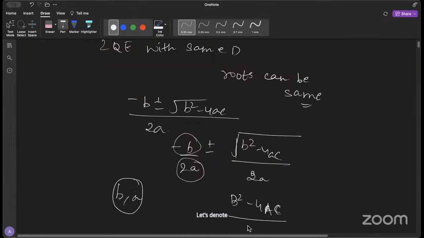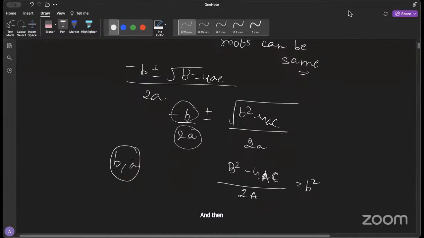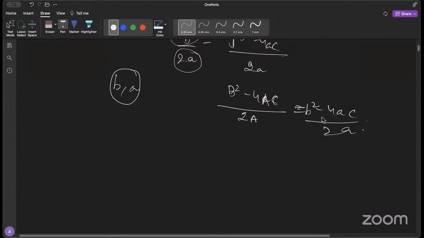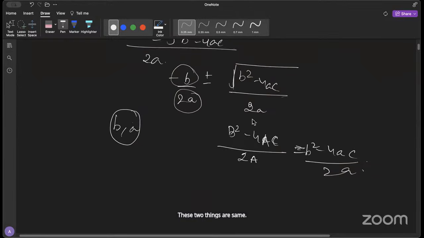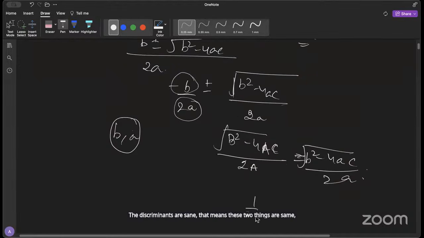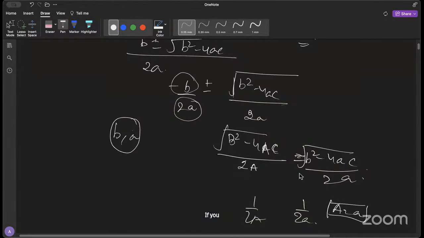Let's denote one by capital and the other by small. Then we have b square minus 4ac by 2a. These two things are the same, which automatically says the discriminants are the same. So your 1 by 2a and 1 by 2a have to be the same, so a and a have to be the same if you're taking these two things.